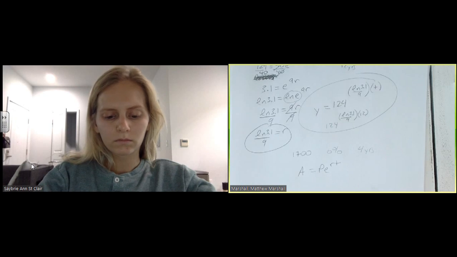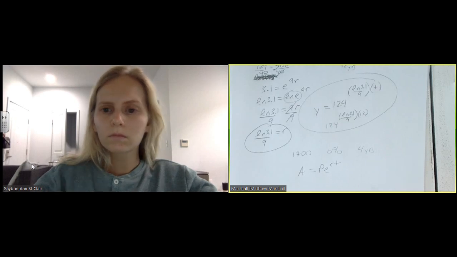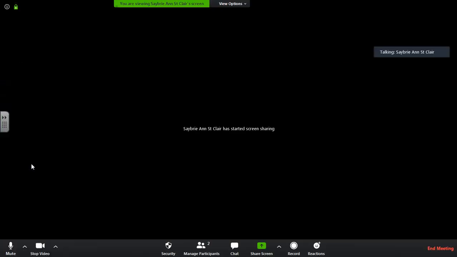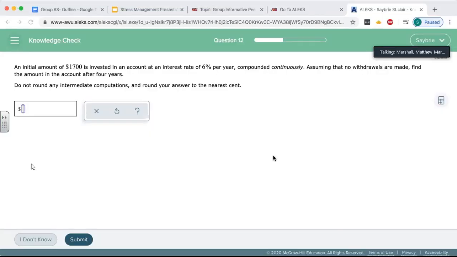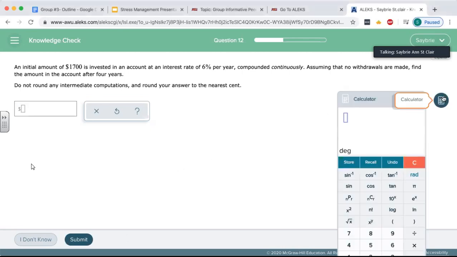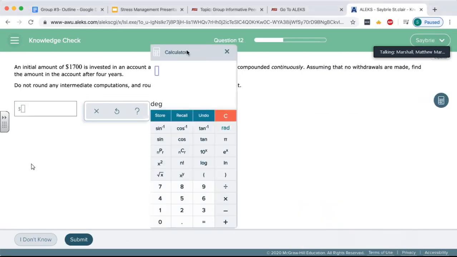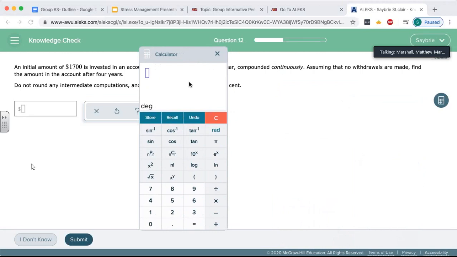So it wanted, can you go back to that question? I'm sorry. Yeah, I think they want us just to use that formula. So if you want to go to your calculator, I think we could use that right away. So that's what, 1,700 times that e to the x button.